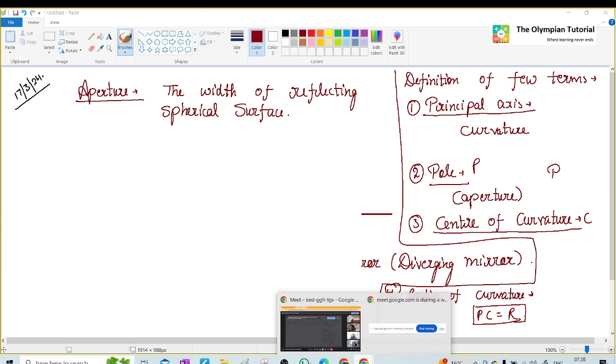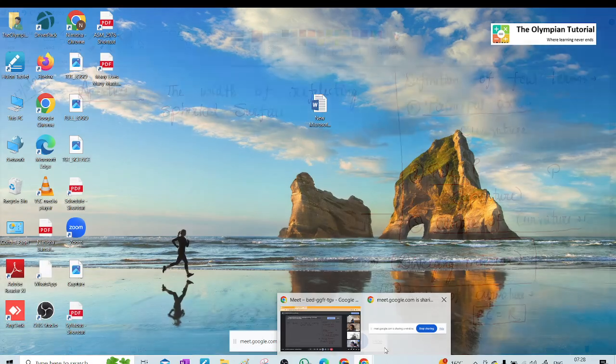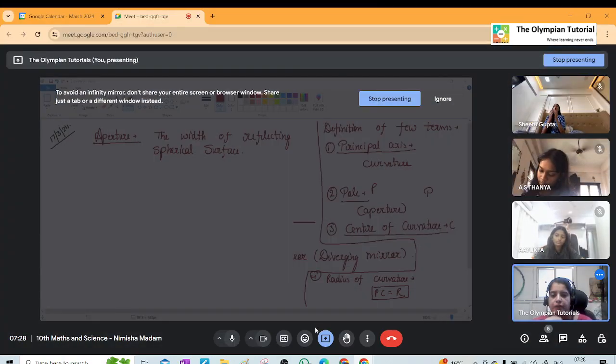The width of the reflecting spherical surface. Next is focus point.